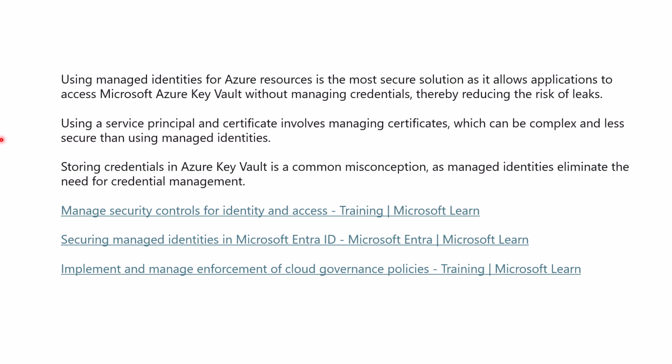Using a service principal and certificate involves managing certificates, which can be complex and less secure than using managed identities. Storing credentials in Azure Key Vault is a common misconception, as managed identities eliminate the need for credential management.